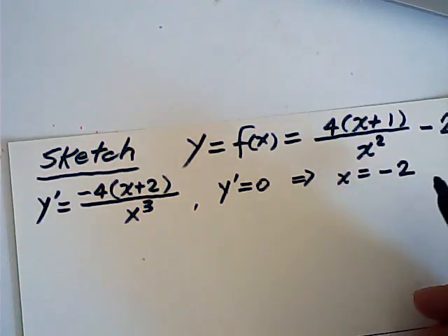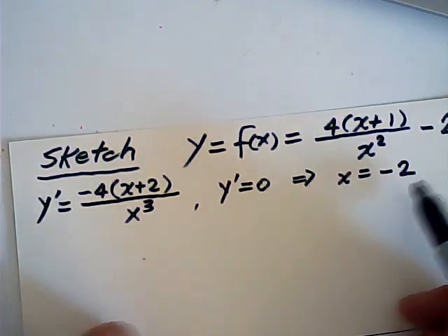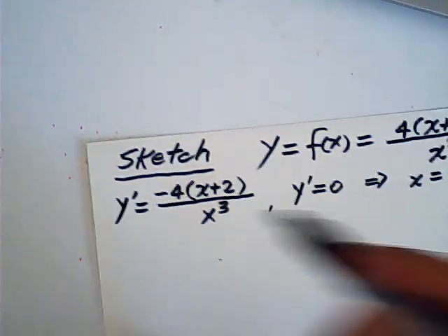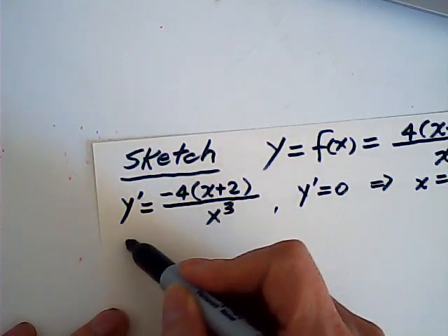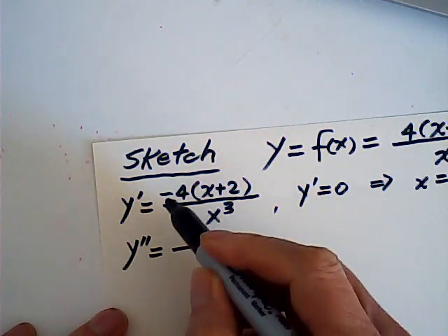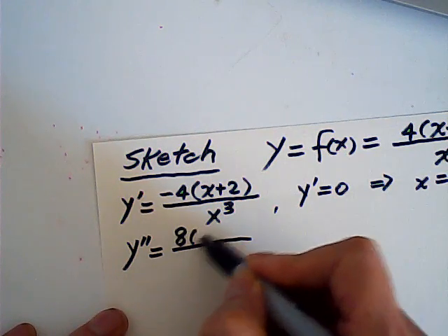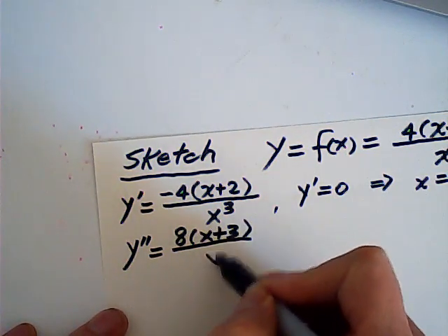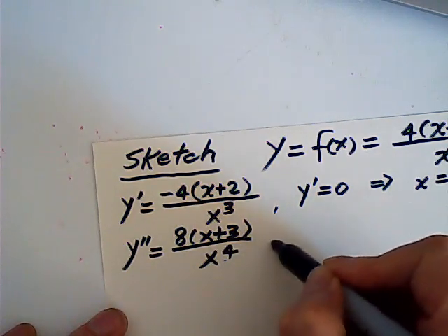We find a critical point at which the shape of the curve is important. And also we use the second derivative. Second derivative is equal to 8x plus something over 3x to the fourth power.